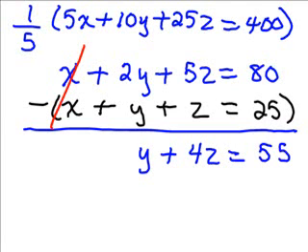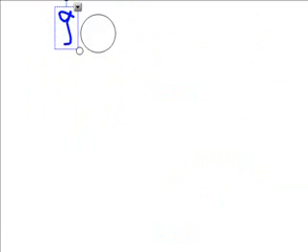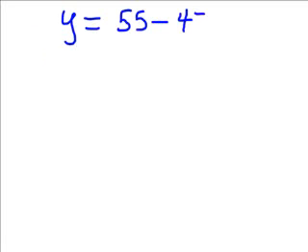So there's my equation in two variables. I'll solve for y again, and I have that y is equal to 55 minus 4z.